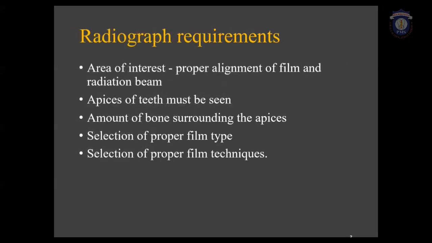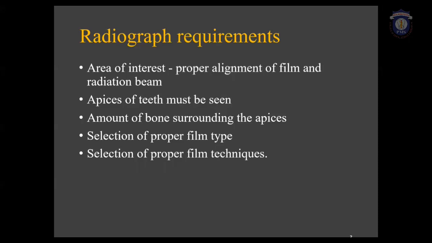We also need to know the radiographic requirements in an ideal radiograph. Primarily, the area of interest must be clearly seen. So, to bring the area of interest clearly in the radiograph, we need to ensure that there is proper alignment of the film and the radiation beam.